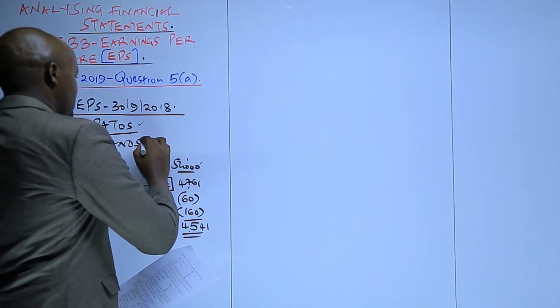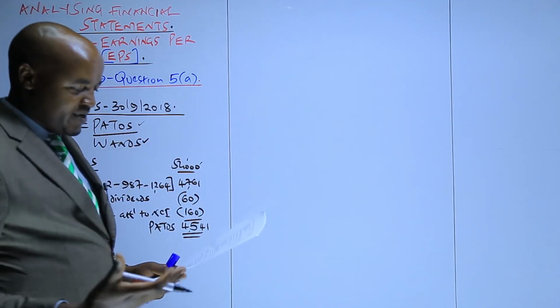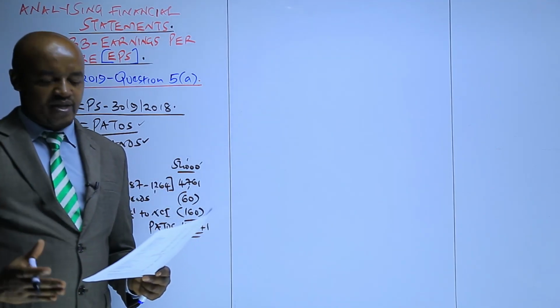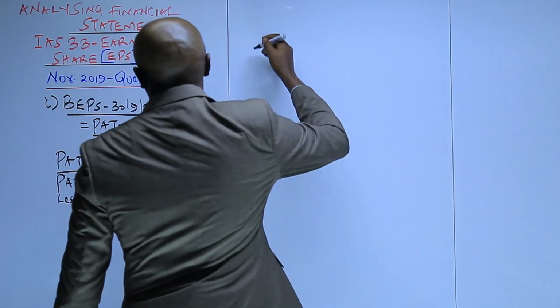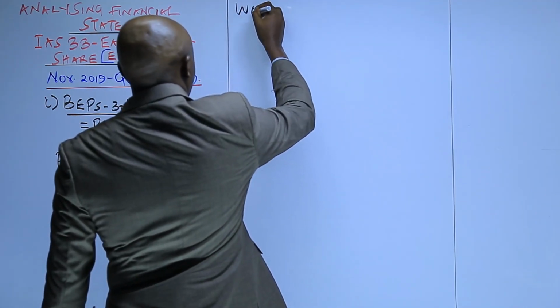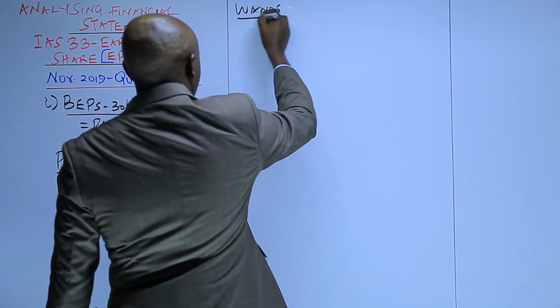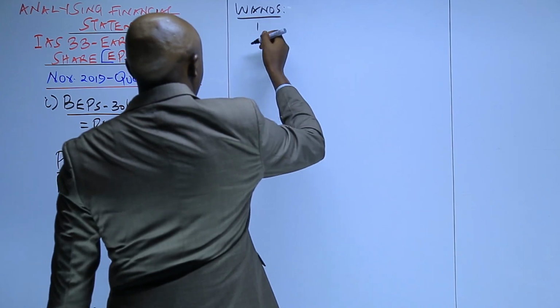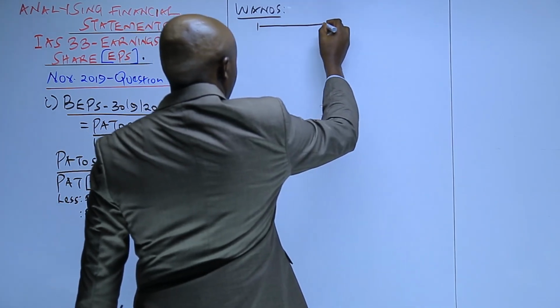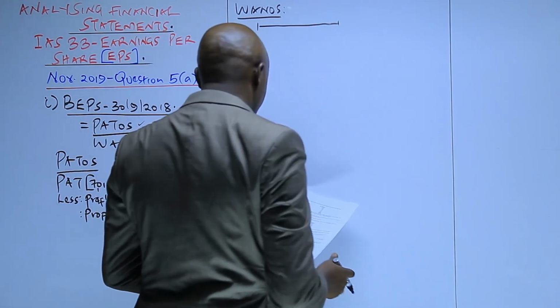So next, what we need to do is to determine the weighted average number of ordinary shares. And for us to compute this, we said we take the ordinary shares issued and fully paid at the start of the year.